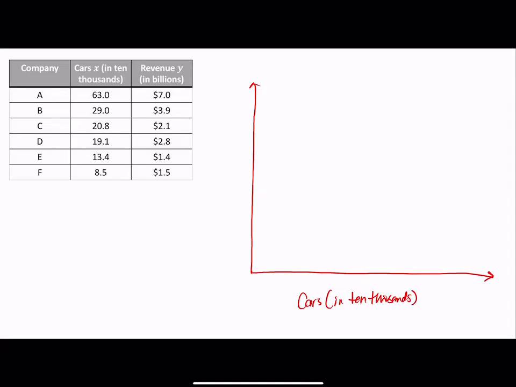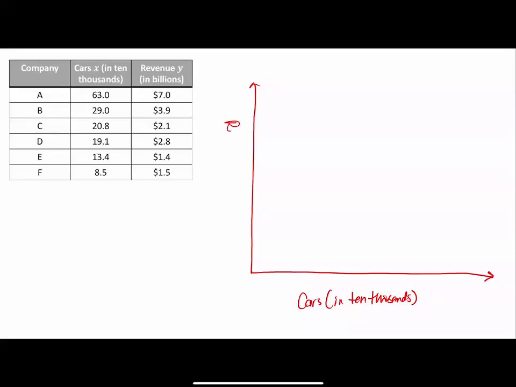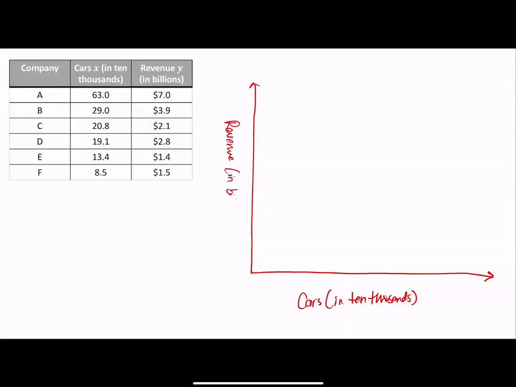And then the other one, we have revenue in billions. So this is revenue. So now we've labeled them.